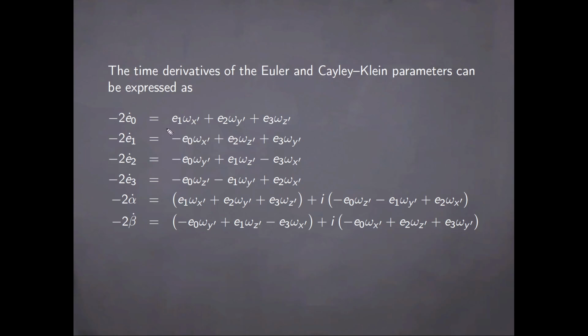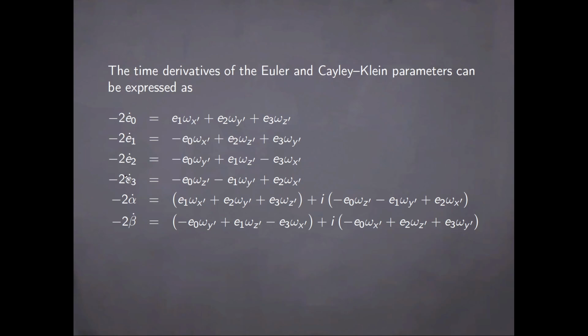It's a very simple calculation, but fairly tedious and lengthy, so I'm just giving the results here. If you're interested, you should check them carefully to make sure that none of the signs are wrong, as this can be a bit tricky. In principle, the time derivatives of the Euler parameters should look like this.